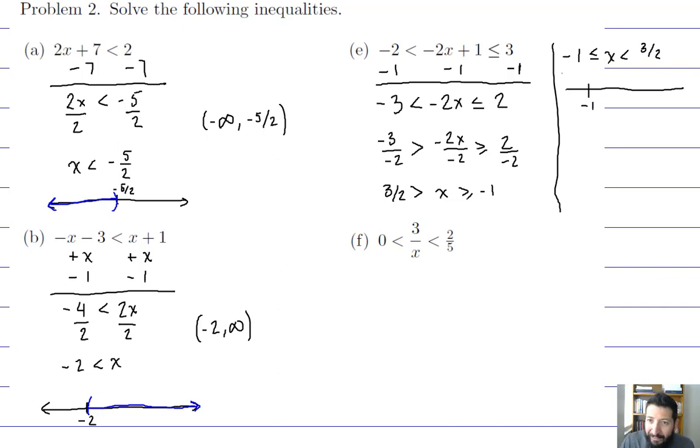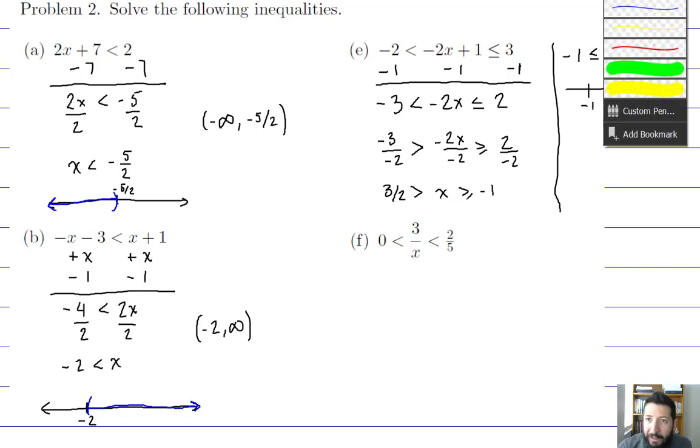meaning that x is going to be greater than negative 1, and here you'd have x greater than negative 1 if you read it like that. So I just rewrote the inequality starting with negative 1. So going from negative 1 to 3 halves.